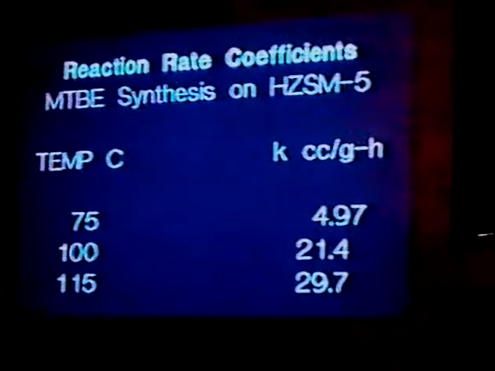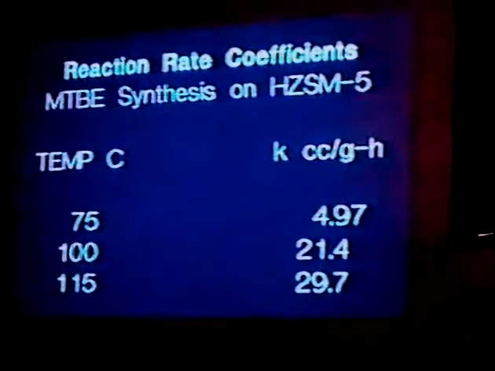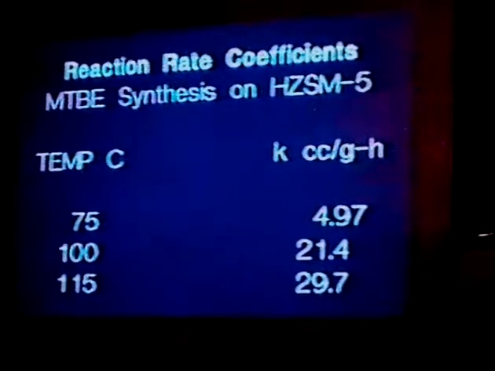We took these values and plotted them in the conventional Arrhenius form and determined the activation energy from the slope of that plot to be approximately 13 kilocalories per mole. This compares to an activation energy of about 17 kilocalories per mole reported for the Amberlyst 15 catalyst.